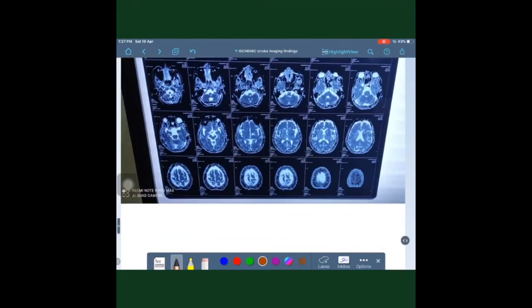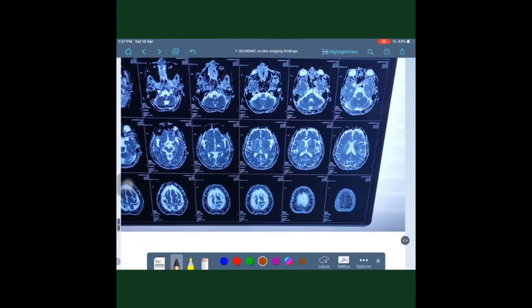We can see in this apparent diffusion coefficient, ADC, in the same area where there is increased signal in diffusion weighted imaging, there is a reduction or decreased signal, the blackish area which I marked. That means increased DWI signal and reduction in ADC, which confirms ischemia.